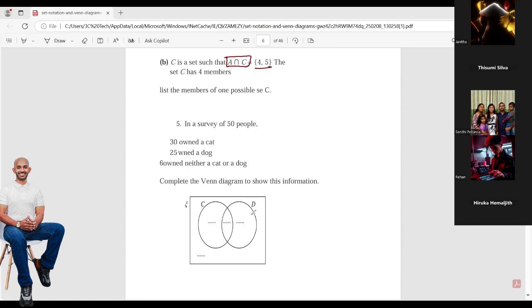List the members of one possible set for C.